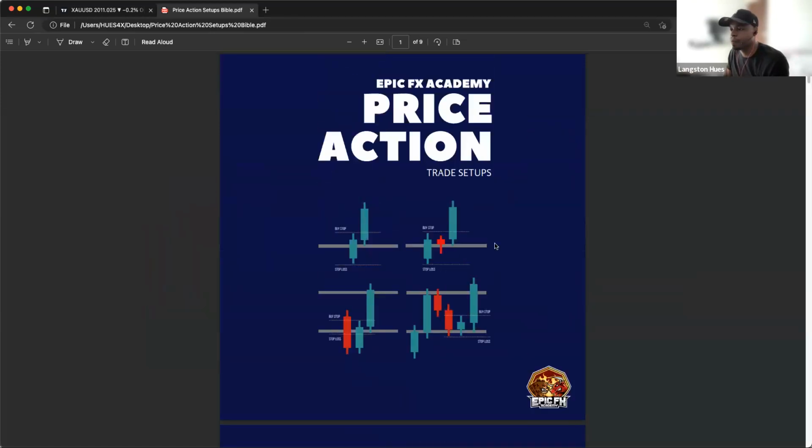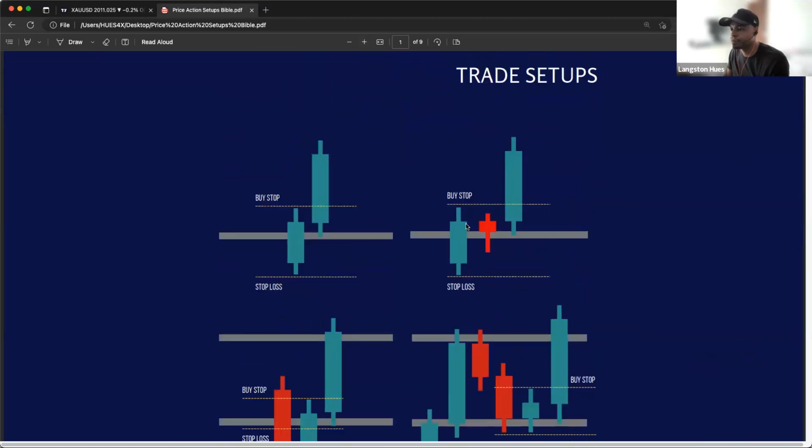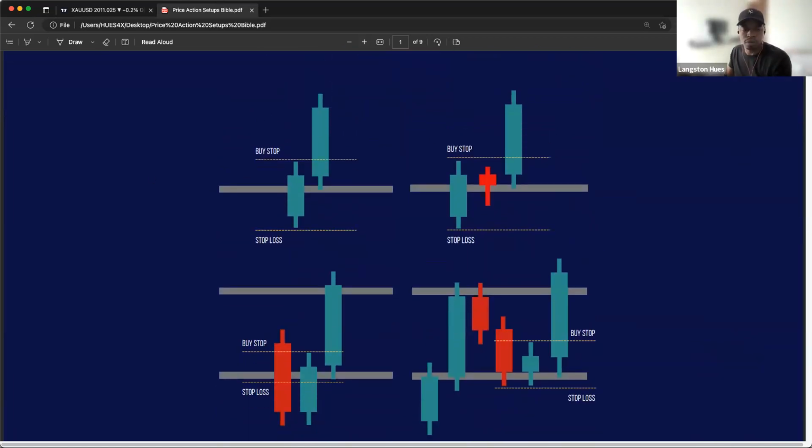Literally. Let me see if I can zoom in. I don't even have to go down. Scroll down here, right? So we're looking for this breakout. It's a simple breakout. Price closed above the range.